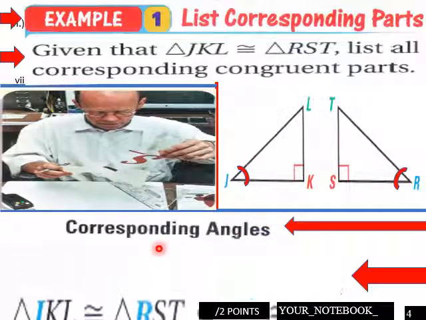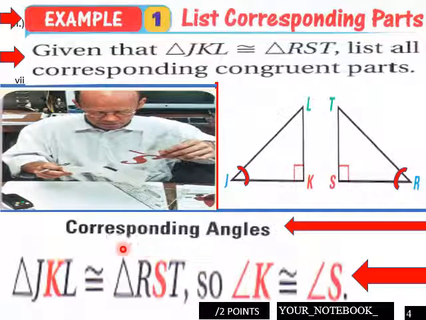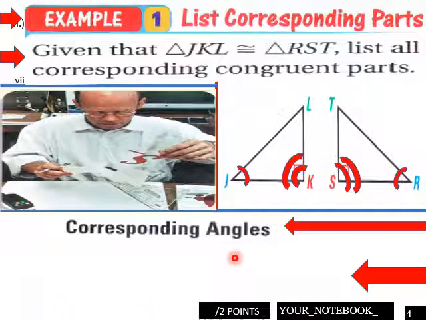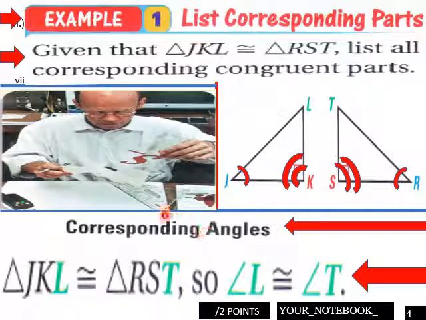So you could symbol it like that. And then angle K is congruent to angle S. They're both right angles, yes. So those two are congruent. And then angle L is congruent to angle T.